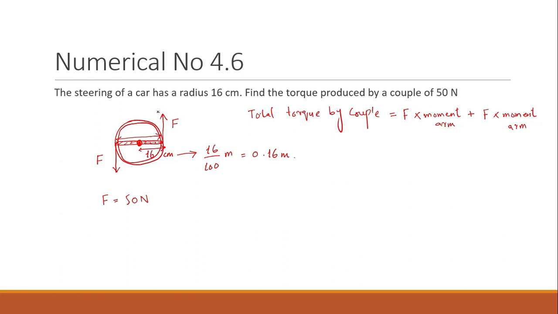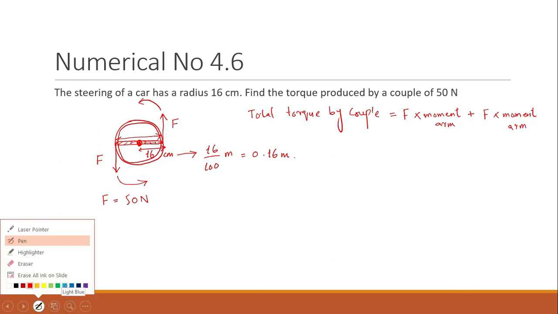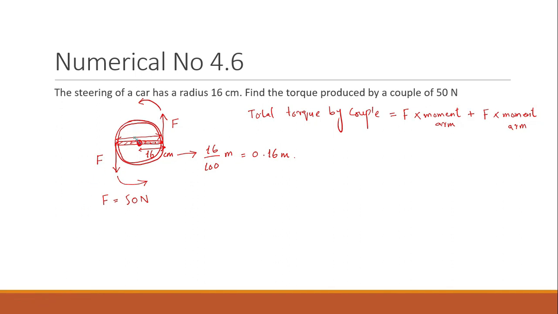Because this force is rotating the steering in the anti-clockwise direction, and this force also rotates the steering in the anti-clockwise direction. So the torque produced by this force and with this force is added here, because both torques are in the anti-clockwise direction.